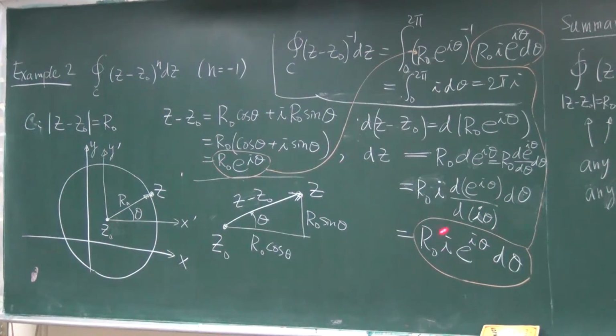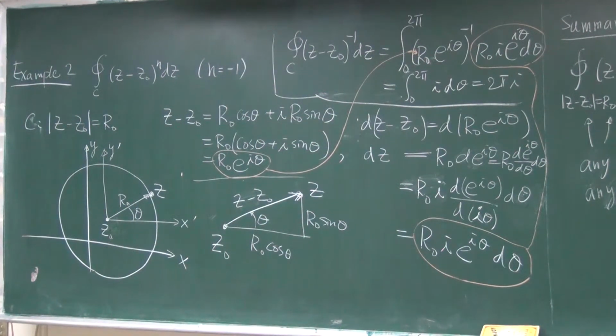Here dz is replaced by this term. And then z minus z0 will be taken from here. As a result, we see that this is a minus 1 power. So R0 and this R0 will be cancelled out to each other.